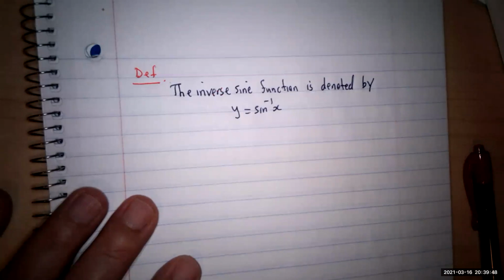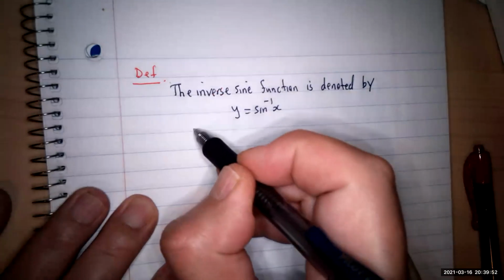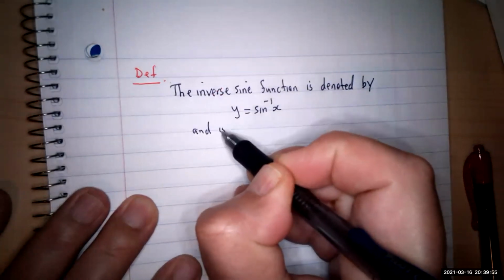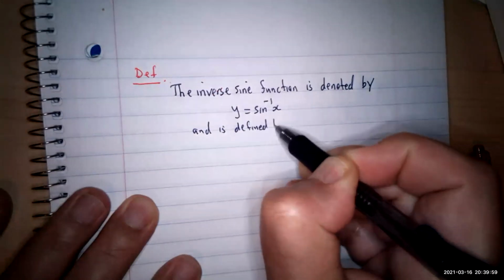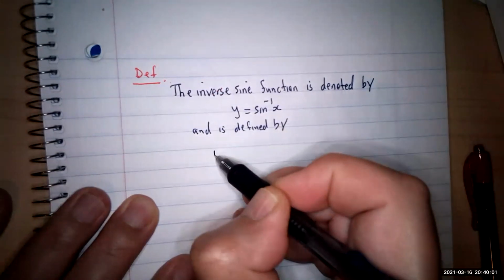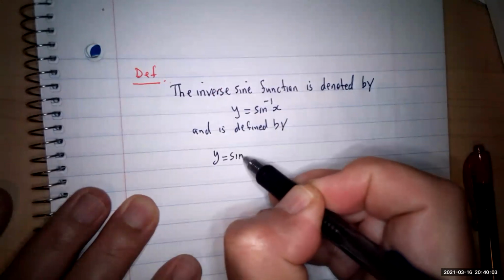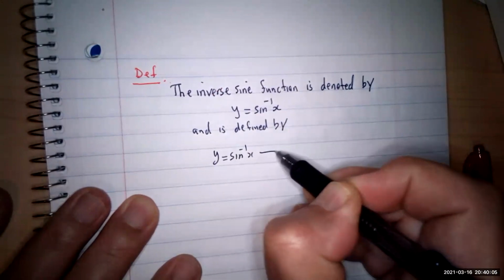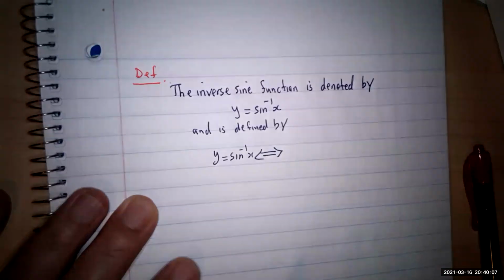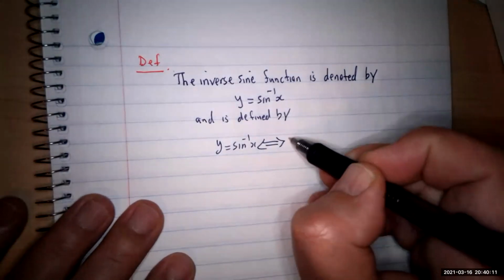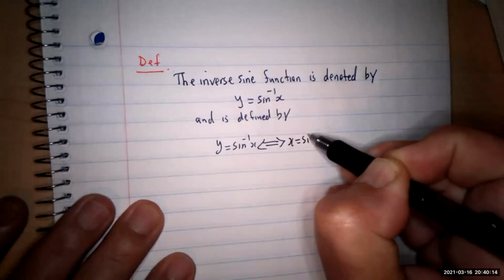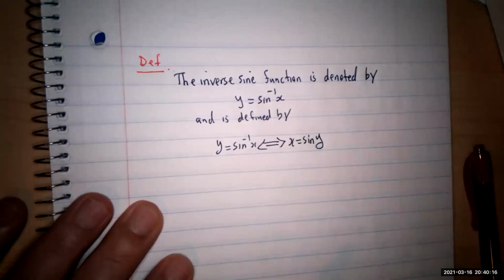It is defined by the definition that we talked about: y is equal to the sine inverse of x if and only if, you switch, x is equal to the sine of y. Anything you want to do, you have to start with this definition.